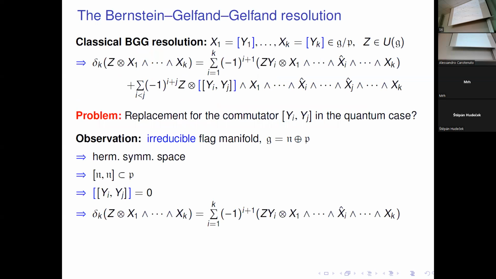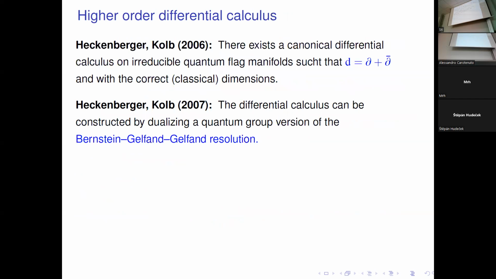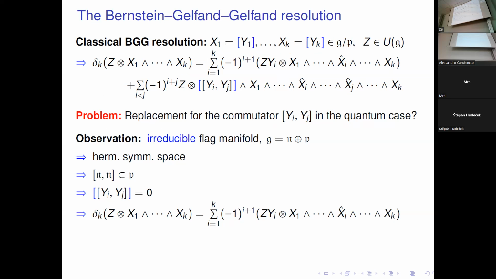And here's the classical Bernstein-Gelfand-Gelfand resolution. If you look at this, there's a lot of antisymmetrization. So you take commutators. Now these commutators, as I told you, do not exist. They do not give elements in the Lie algebra. But in the case of the irreducible flag manifold, you have this decomposition, so the commutators live in B, in the invariants.